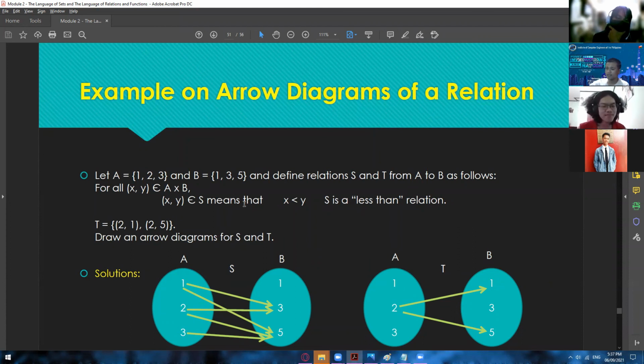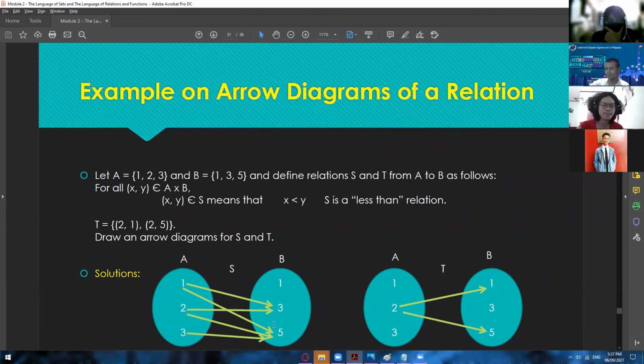For the set S, the condition is X is less than Y. So they are in the relation if X is less than Y. That is why we have 1 going to 3, since X is less than Y. We have 1 and 5 because X is less than Y. We have 2, 3, 2, 5, and then 3, 5.